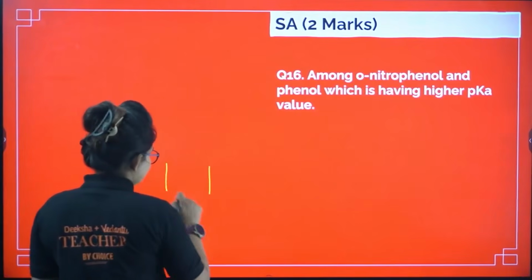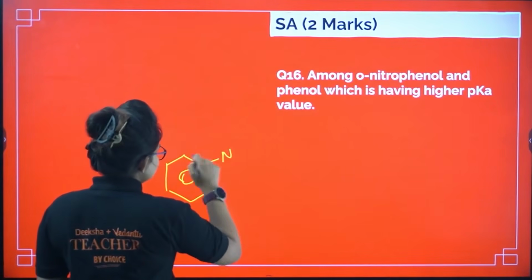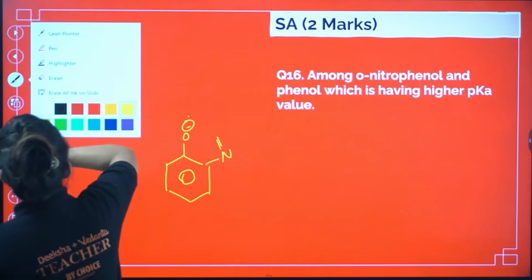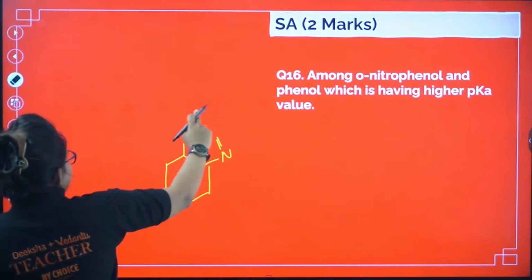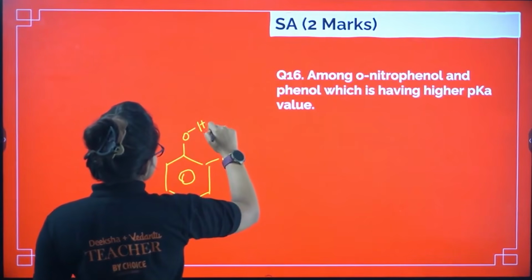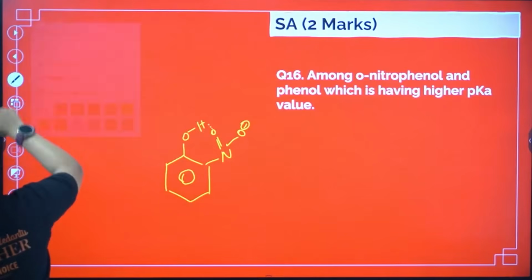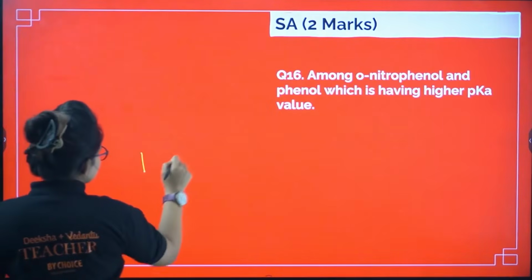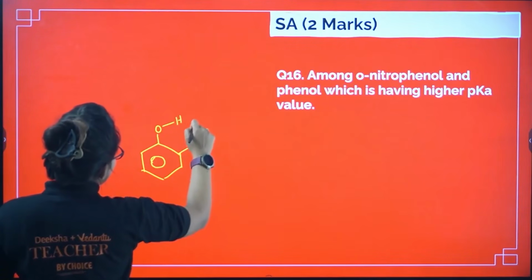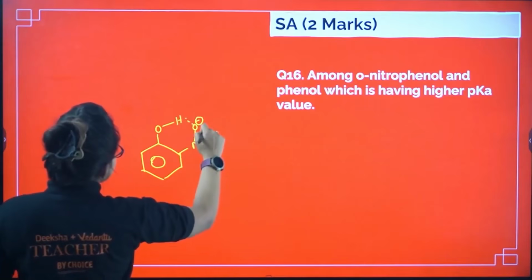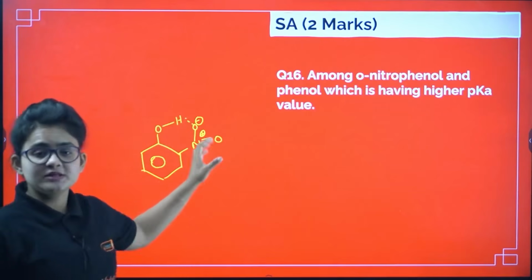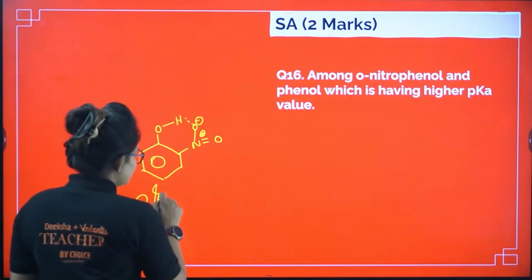Let's proceed. Among orthonitrophenol and phenol, which one has the higher pKa value? If you draw the structure of orthonitrophenol, you can see that in presence of the NO2 group in the ortho position, it can form nice intramolecular hydrogen bonding.